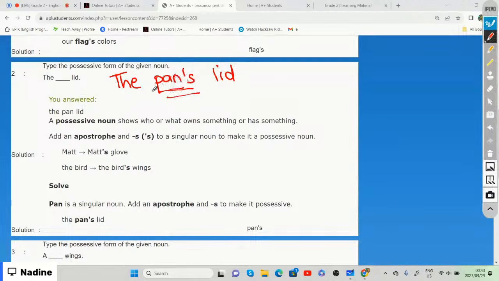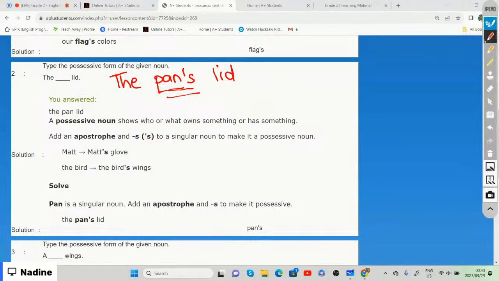Because the apostrophe and the S, if we add it to a single noun, it makes it a possessive noun. Once again, if you do not add the apostrophe, then it is basically just a plural noun, right? And it does not show ownership.